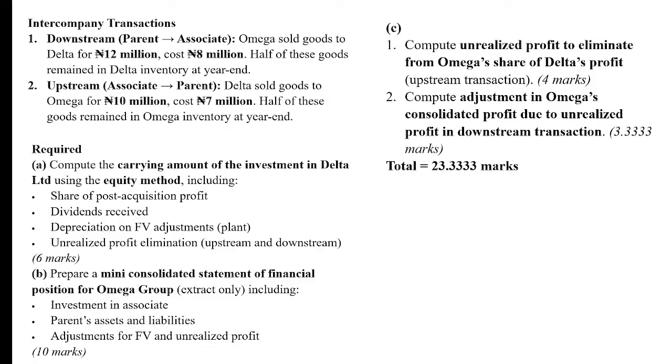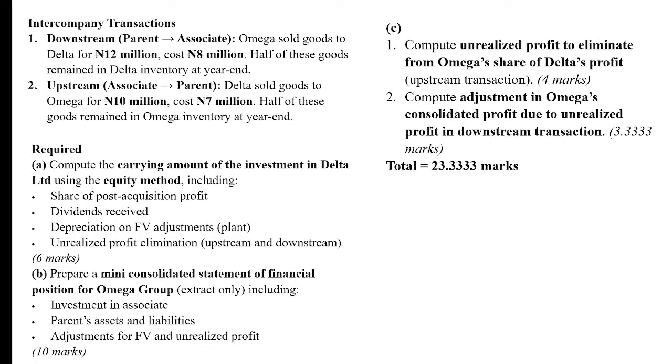This is what we are required to do. A, compute the carrying amount of the investment in Delta Limited using the equity method, including share of post-acquisition profit, dividends received, depreciation on fair value adjustments on plant, unrealized profit elimination, upstream and downstream.